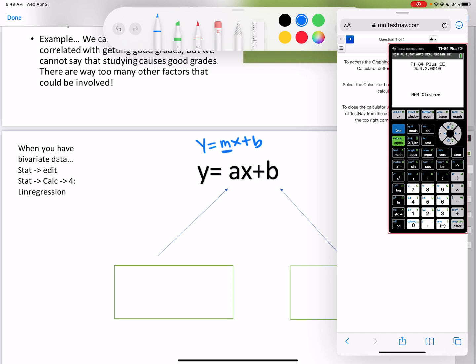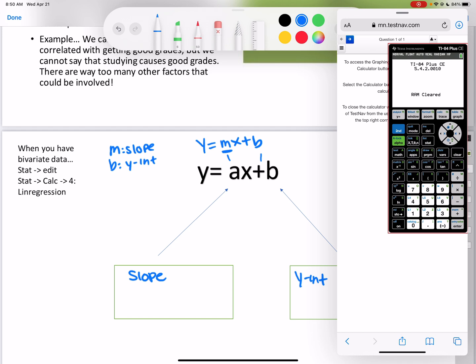So before, the M was your slope, and the B represented your y-intercept. So you can kind of match where the letters are located. In this case, the A is going to be my slope, and the B is going to be my y-intercept. Okay, so a little bit different of a variable.